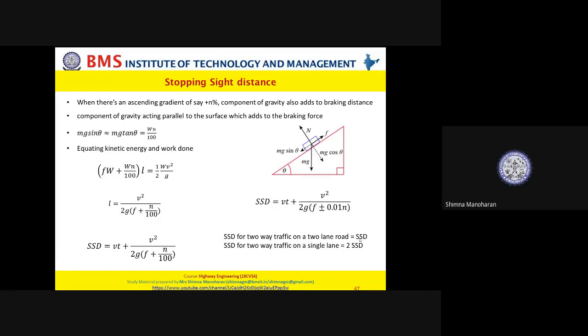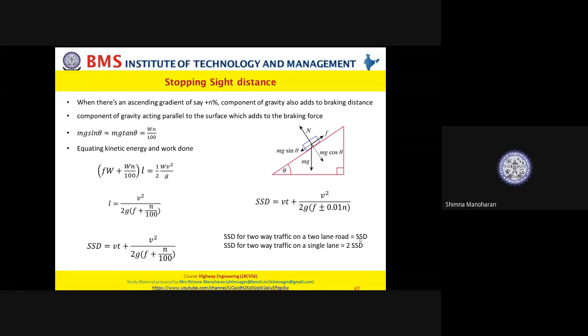What's the value of SSD that you have obtained? 61.4.